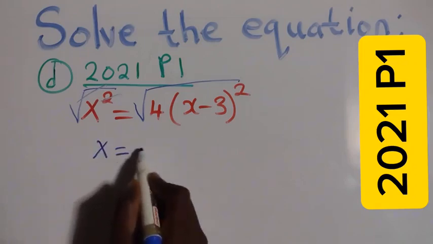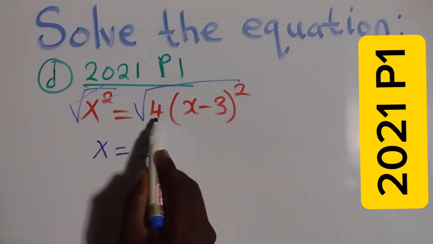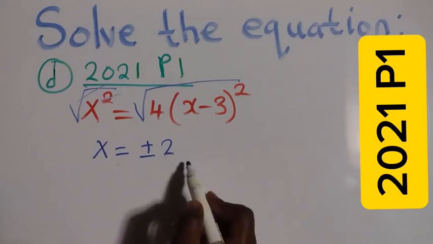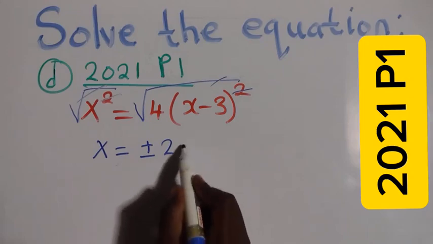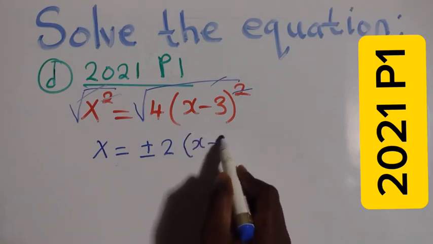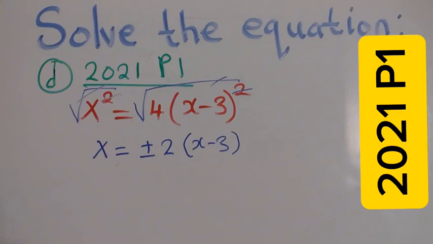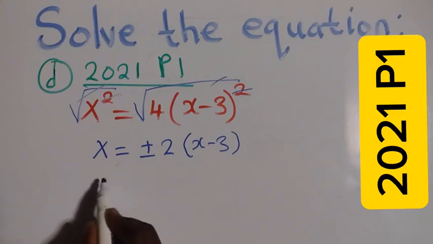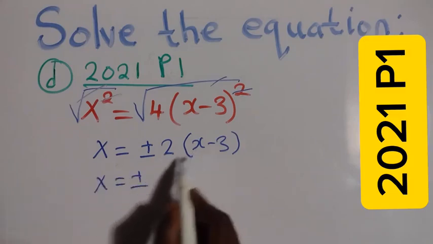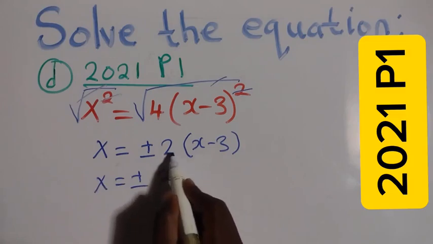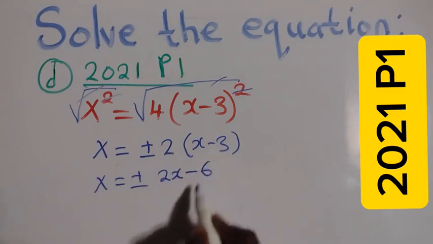Then we have x is equal to plus or minus the square root of 4, it's a 2. Okay, then this 2 and the square root also cancel, and we are going to have x minus 3 in brackets. So from here we can say x equal to plus or minus 2 times x, we have 2x, 2 times negative 3, negative 6.